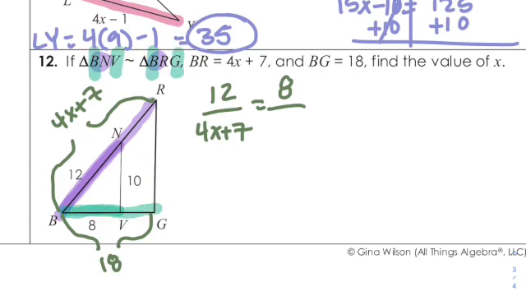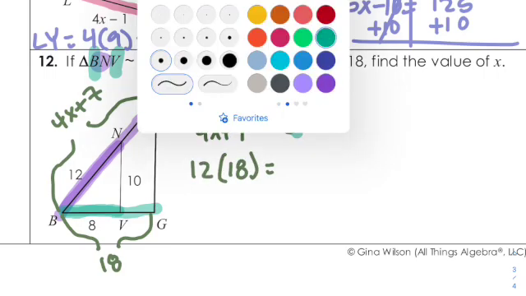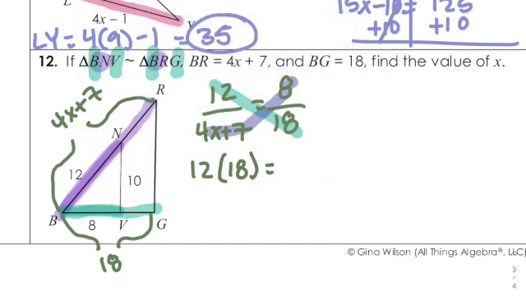So it's proportional, 8 is proportional to 18. Okay, and we start doing our thing, cross product property or butterfly method. So we're going to do 12 times 18. And then we're going to do 8 times 4x plus 7. So 8 times all of 4x plus 7.